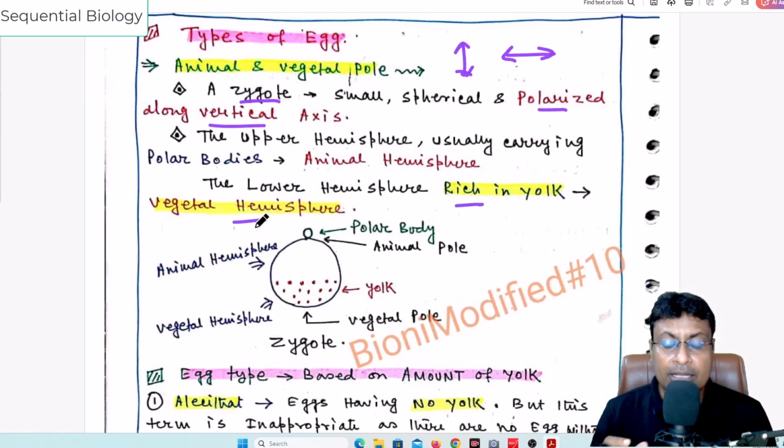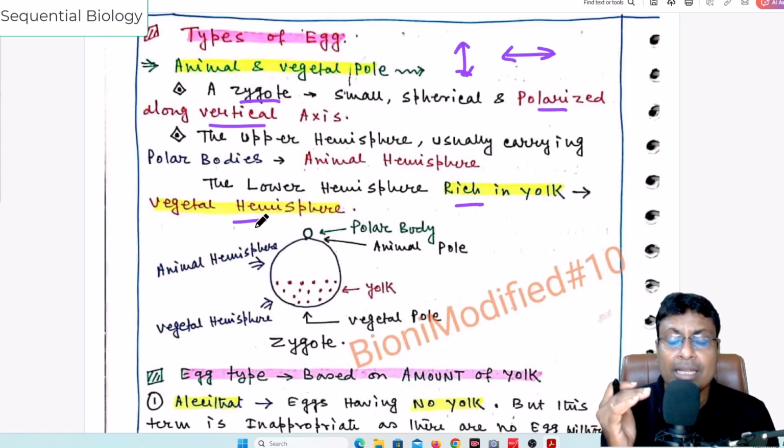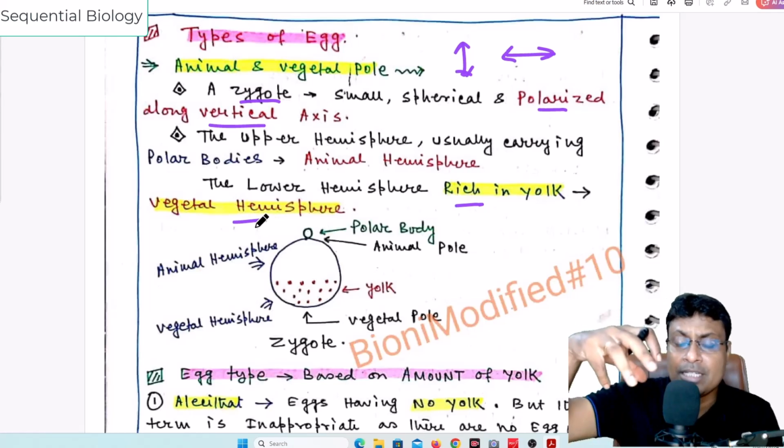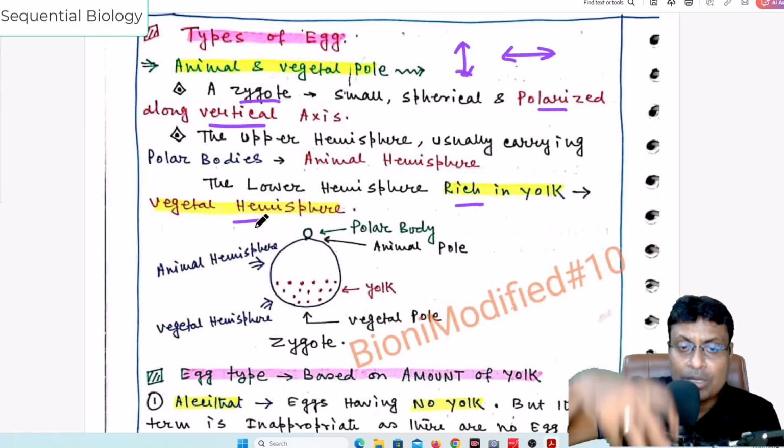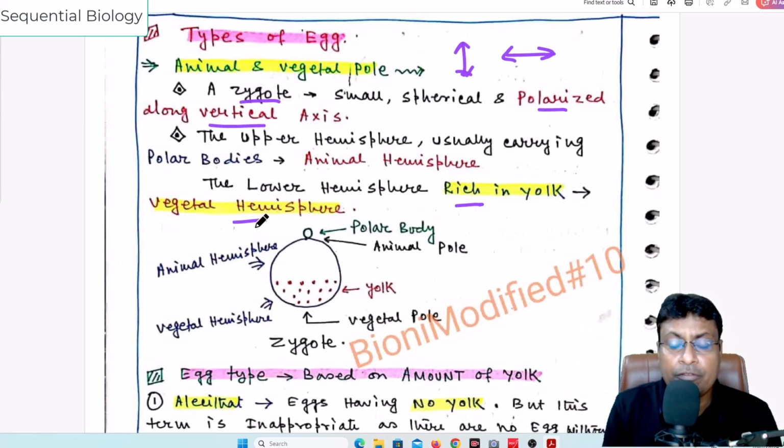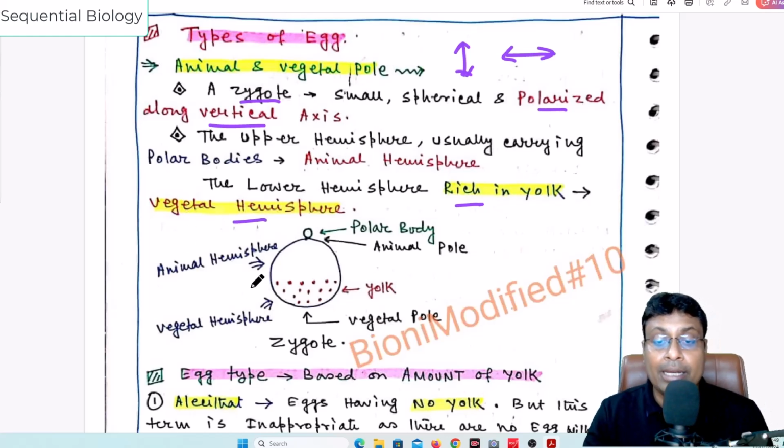Simply, in the egg or zygote, the region in which yolk is not present, the yolk free region, is known as the animal pole or animal hemisphere, and the yolk laden portion is known as the vegetal hemisphere, because due to gravity the yolk is concentrated towards the lower side of the egg, and so this forms the vegetal hemisphere, the yolk laden portion.